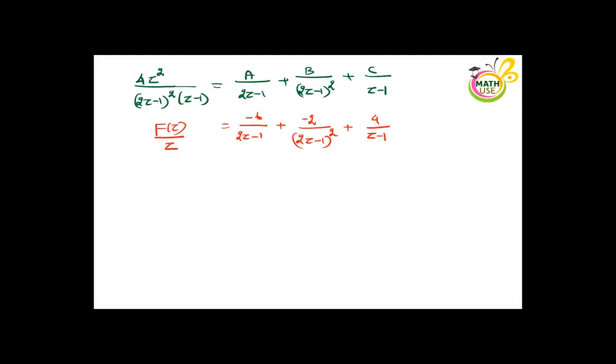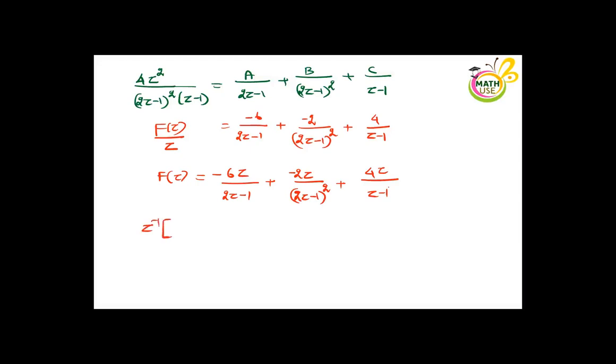Now taking that left hand side z to the right hand side, capital F of z is equal to minus 6z divided by (2z − 1) plus minus 2z divided by (2z − 1) the whole square plus 4z divided by (z − 1). Since this is capital F of z, but we need to find the inverse z transform of the given function, taking inverse z transform on both sides.